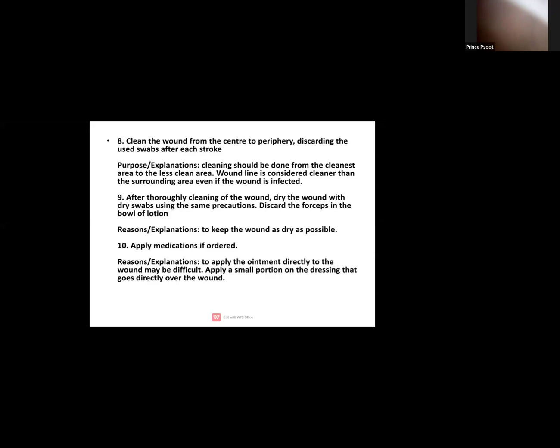Then you clean the wound from the center to the periphery, like we said, inside to the outside, discarding the used swabs after each stroke. So when you clean, after each stroke, you discard. You don't clean an area and come back to clean it again. That's wrong. One stroke each.